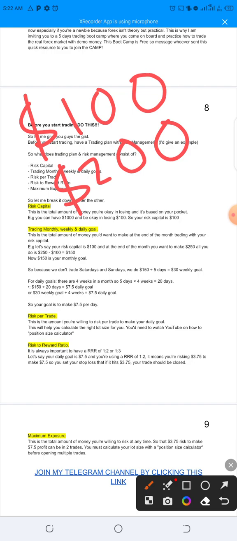So let's say you want to make $200 at the end of 1 month. Because you want to make $200 at the end of 1 month, that's where you do some calculations, on what you are trading. For example, if you are copying and pasting my own signals, I trade currency pairs.